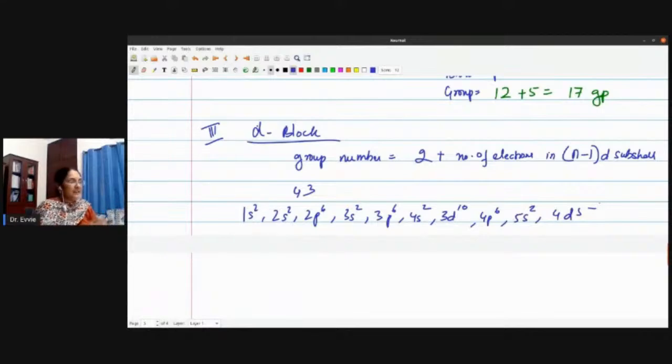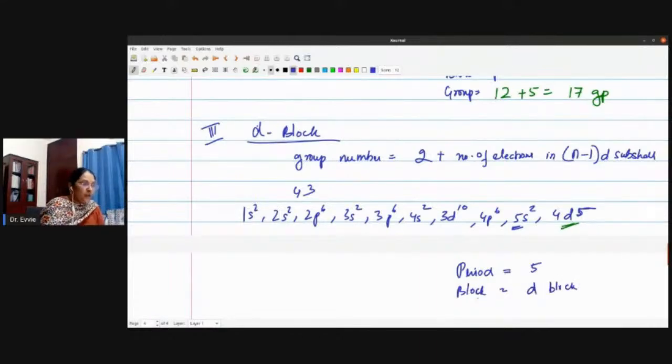So you can see just by seeing, the last electron enters the D subshell. Okay, it belongs to the D block. So now which is the highest value here? The n value should be the highest, so this will be the highest. So period is 5. Now the block, as I told you, the last electron enters the D subshell. So this is D block.